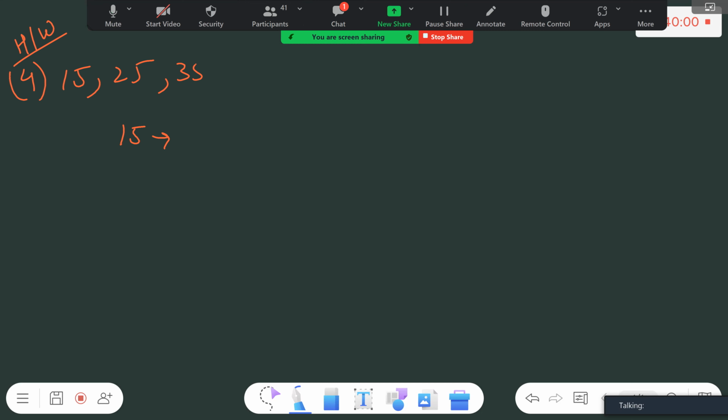How will you prime factorize 15? We cannot divide 15 by 2. So the next prime number is 3. 3 into 5 will get 15. And then 5 itself is a prime number, so 5 into 1, 5.